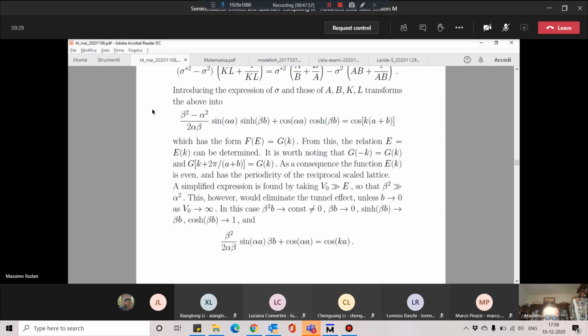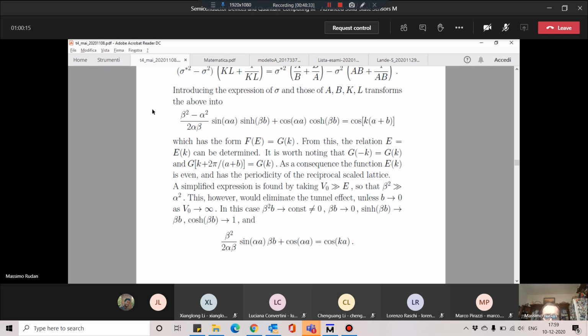So if we succeed in inverting this relation, and we shall see how to do it later in the second hour, we eventually obtain E of k. You remember that k multiplied by h bar is the expectation value of momentum. So eventually we are able to find the relation between energy and momentum from this calculation.